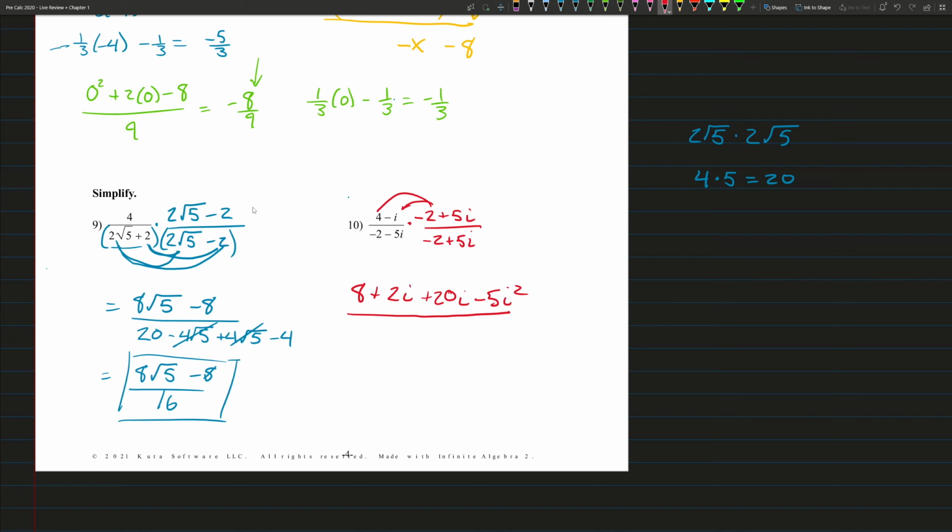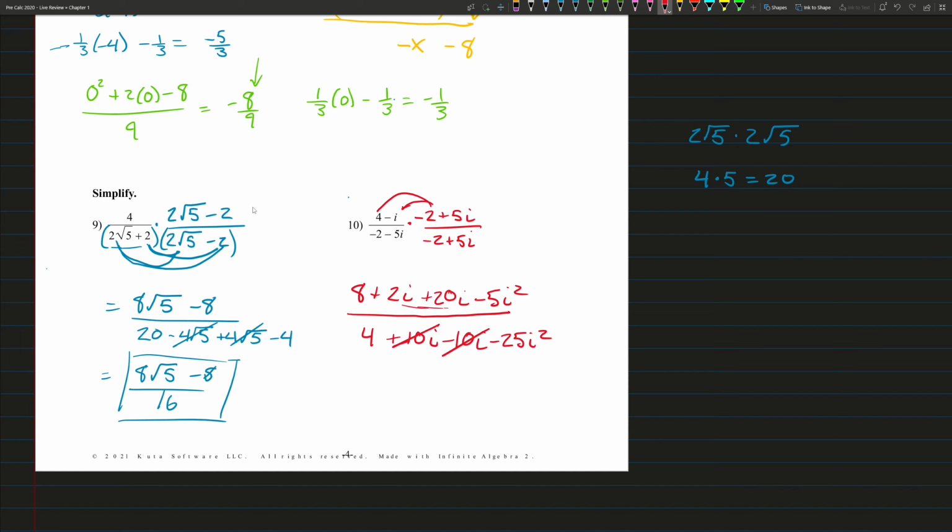Negative 2 times negative 2, that's 4. Negative 2 times negative 5i, that's plus 10i. Sorry, 5i times negative 2, that's negative 10i. And then 5i times negative 5i is minus 25i squared. And then we just have to simplify. So these two things cancel. i squared is always negative 1. And then we can add like terms together.